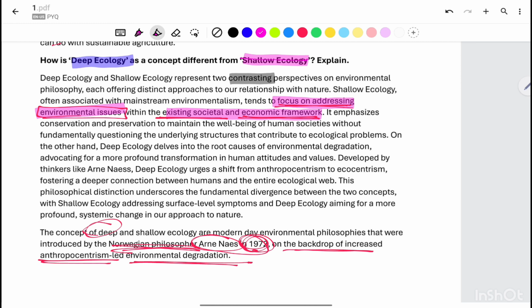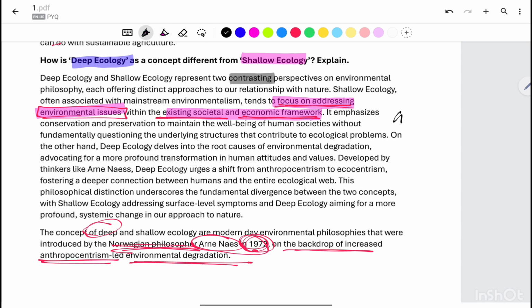For example, when we are having high greenhouse gas emissions, very high carbon dioxide, right? So carbon border adjustment mechanisms, that is limiting the industry's carbon, is shallow ecology, whereas stopping the entire industry is what deep ecology is.